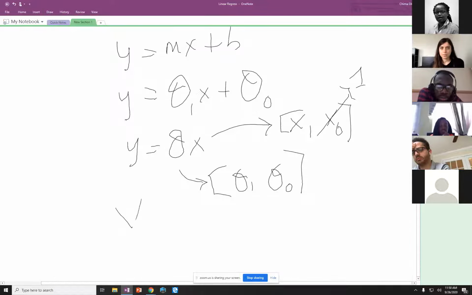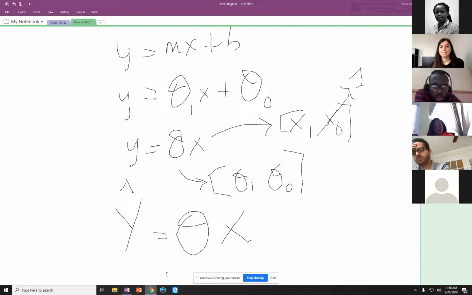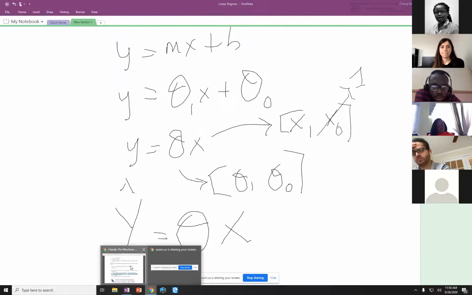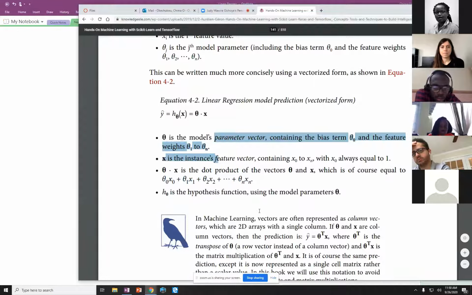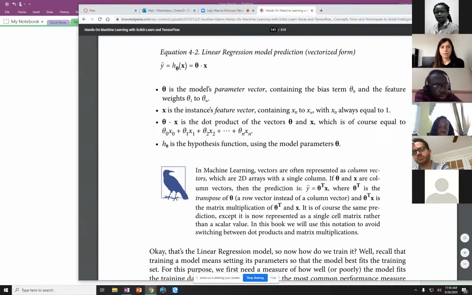Then it becomes capital Y hat is equal to your theta vector times your big X, all your examples pretty much. But the reason, well, he wrote it in a very small way. Does that help? Please let me know if I'm wrong at any point.